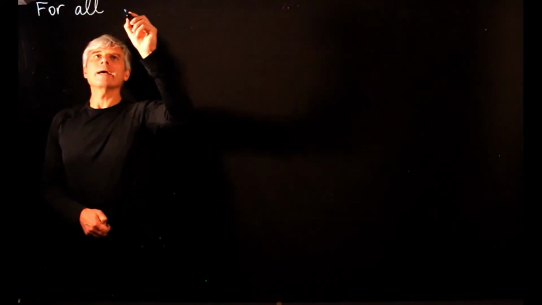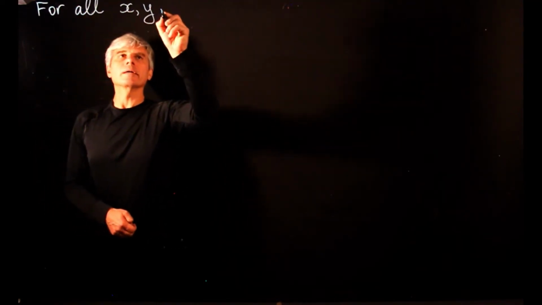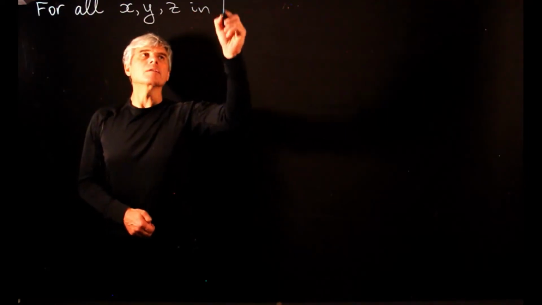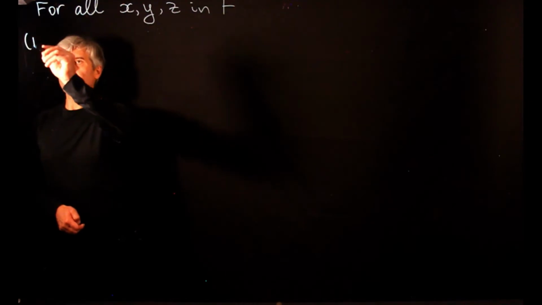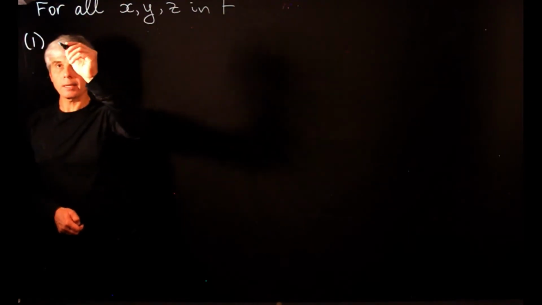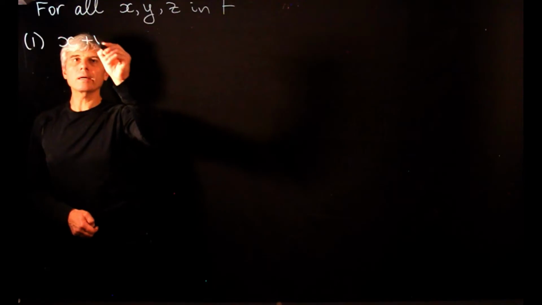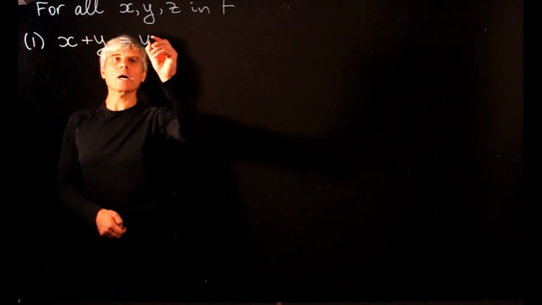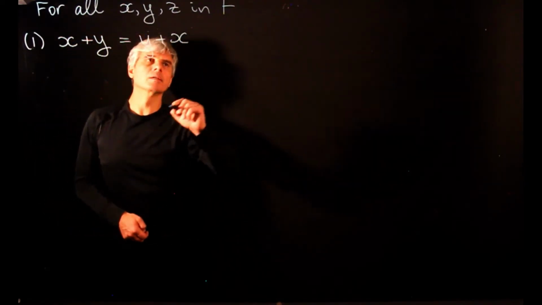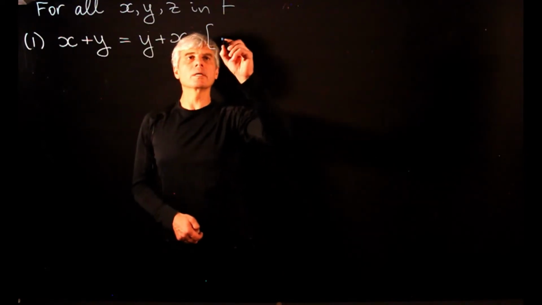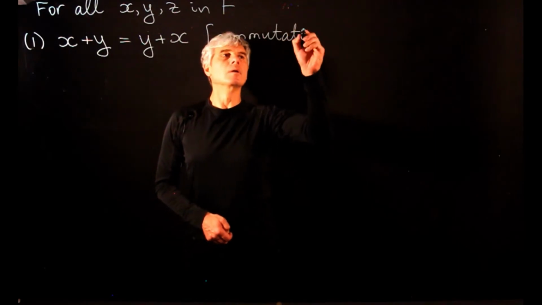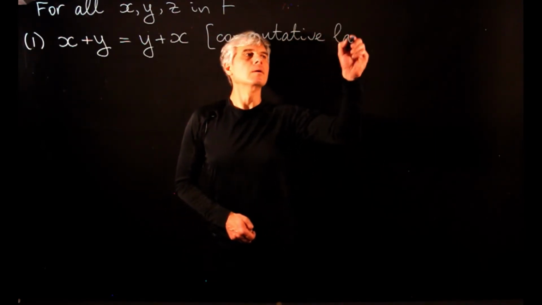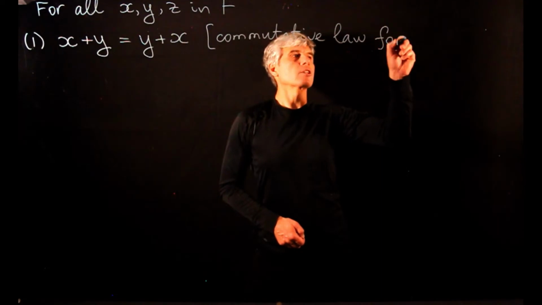So for all x, y, and z in the field F, the following properties must hold. 1. x plus y must equal y plus x. This axiom is called commutative law for addition.